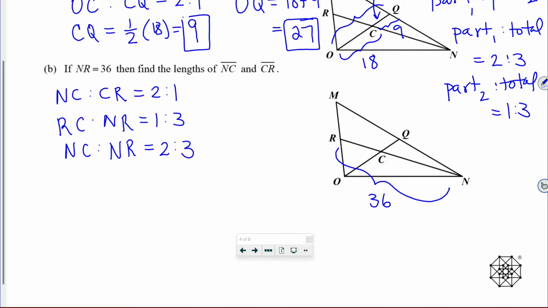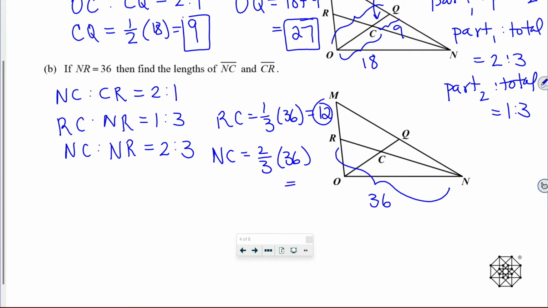I can now say RC is equal to 1/3 times 36, which is 12. Whoops, that's not what I want. I wanted CR here. Sorry. No, that's right. So now NC, my apologies, NC is equal to 2/3 of 36, which must be 24.